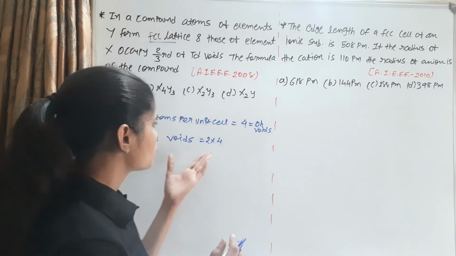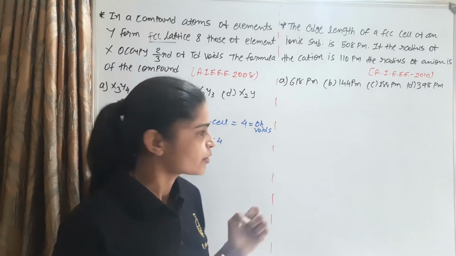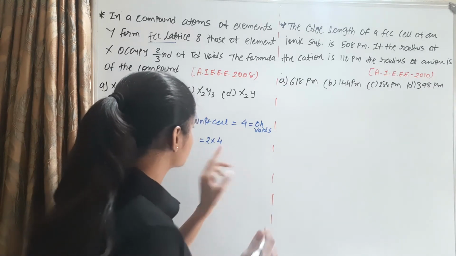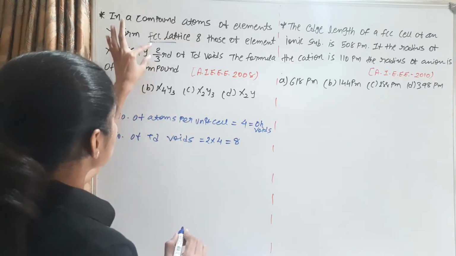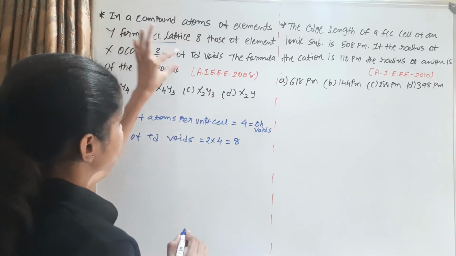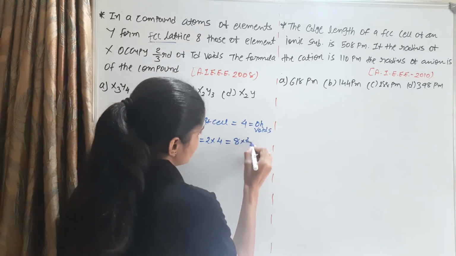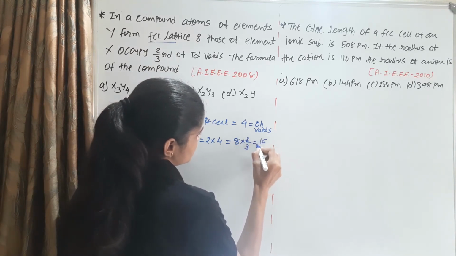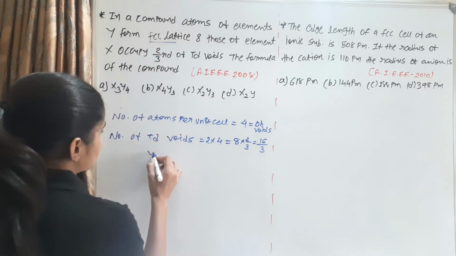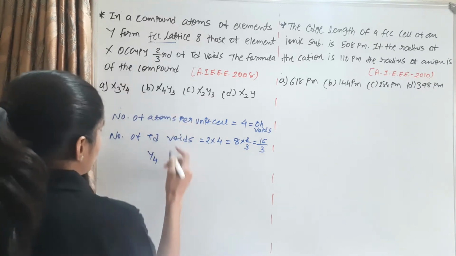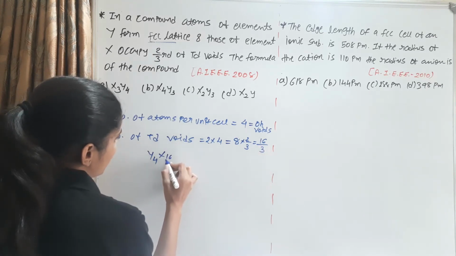That way, tetrahedral voids are twice the octahedral voids. Multiplying 2 into 4 is equal to 8. And this is the 2/3 part of the tetrahedral voids, which means 16/3. So the y value is 4 and the x value is 16/3.